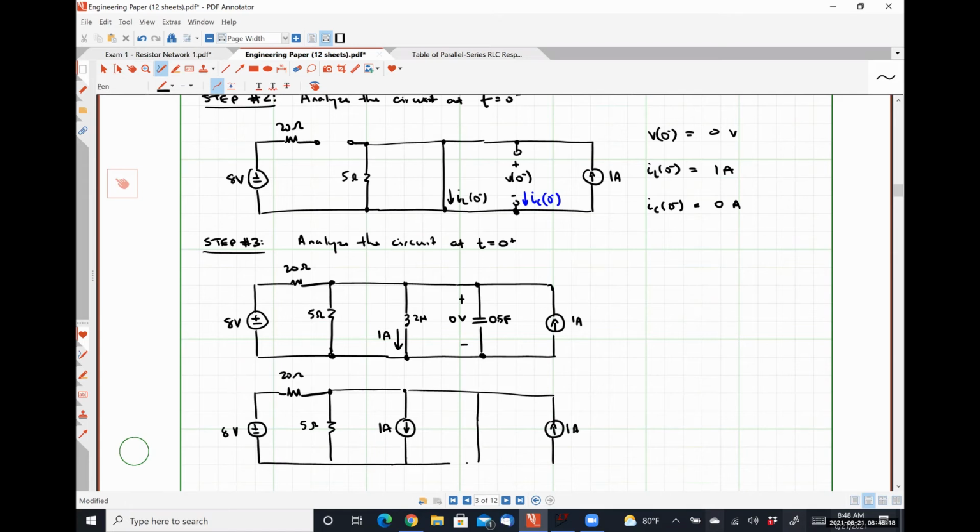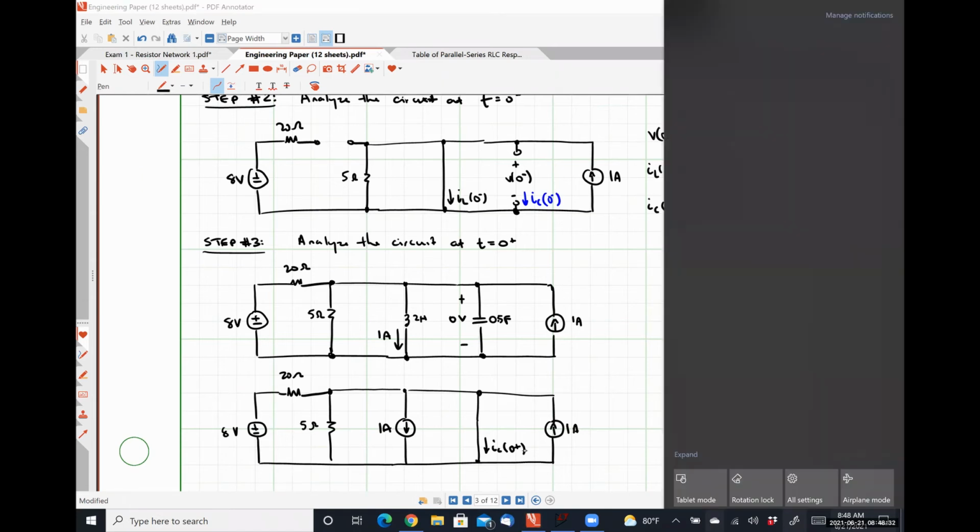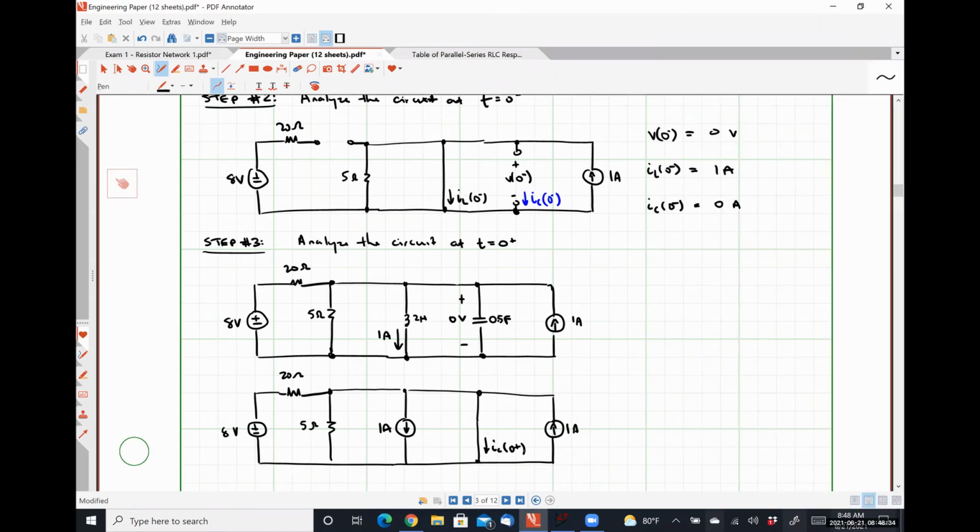And so this is effectively what my system looks like. And the only thing I don't know is my capacitor current at t is equal to 0 plus. So to reiterate, V at 0 plus has to be 0 volts, because the voltage drop over my capacitor cannot change abruptly.